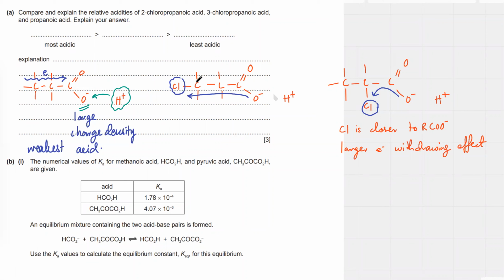And over here, Cl is much further away. It's on the last carbon atom. So उसकी जो power होगी ना to pull the electrons away from this oxygen, that would diminish by a huge margin. It's not going to pull the electrons that effectively. So Cl is further away, and there's going to be a relatively lesser electron withdrawing effect.